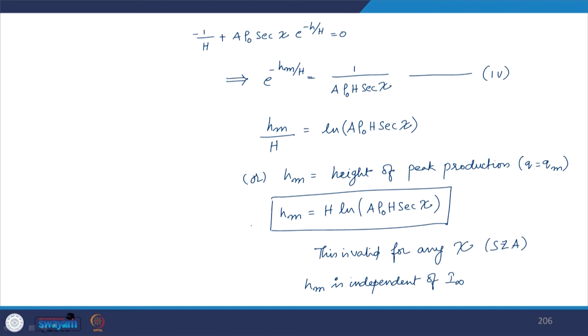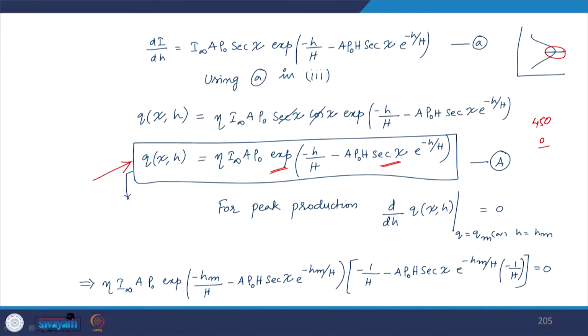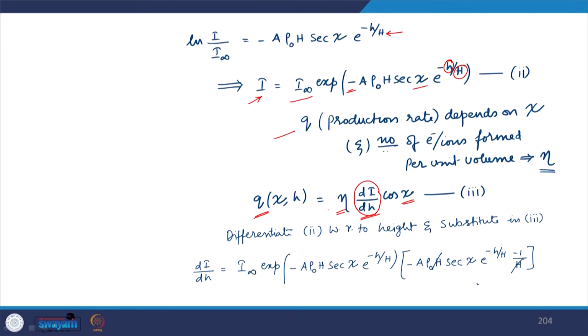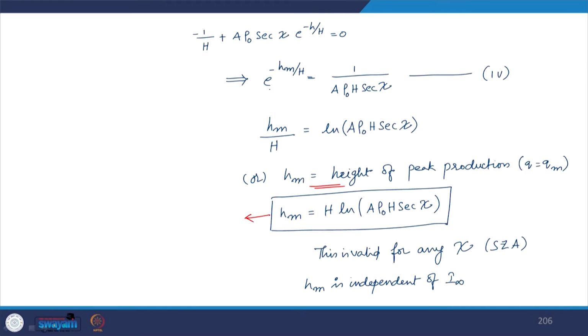So this is the height of peak production. The height of peak production doesn't depend on the incident intensity. Incident intensity was there when we were discussing this, but at this point the height of peak production is independent of it.